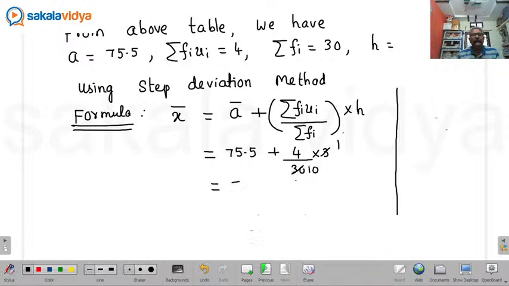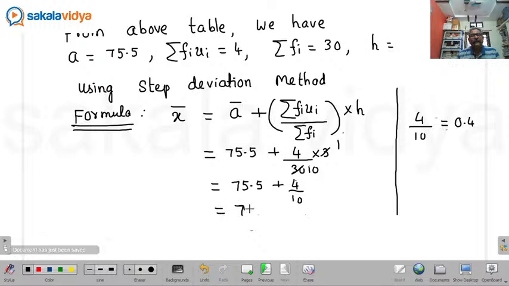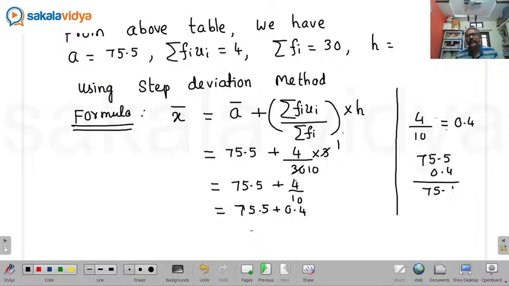So 75.5 plus 4 upon 10. See, 4 upon 10 is a decimal fraction, directly we can write 0.4. So we add 0.4 to 75.5, which is 75.9. Yes, absolutely correct what you did.